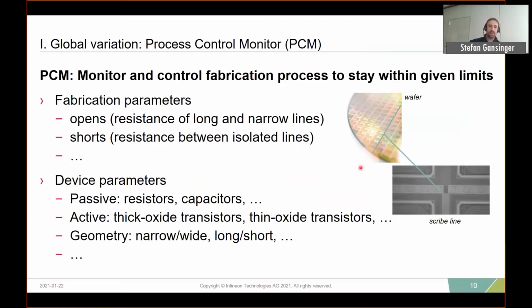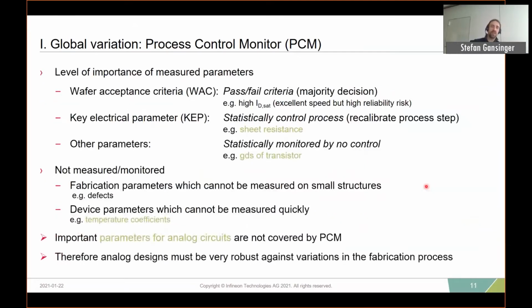Yes, this sounds nice, and it seems like we have everything under control, but I have to disappoint you, this is not the case. Why not? This is because for the PCM, we distinguish different levels of importance. This means we have three categories.